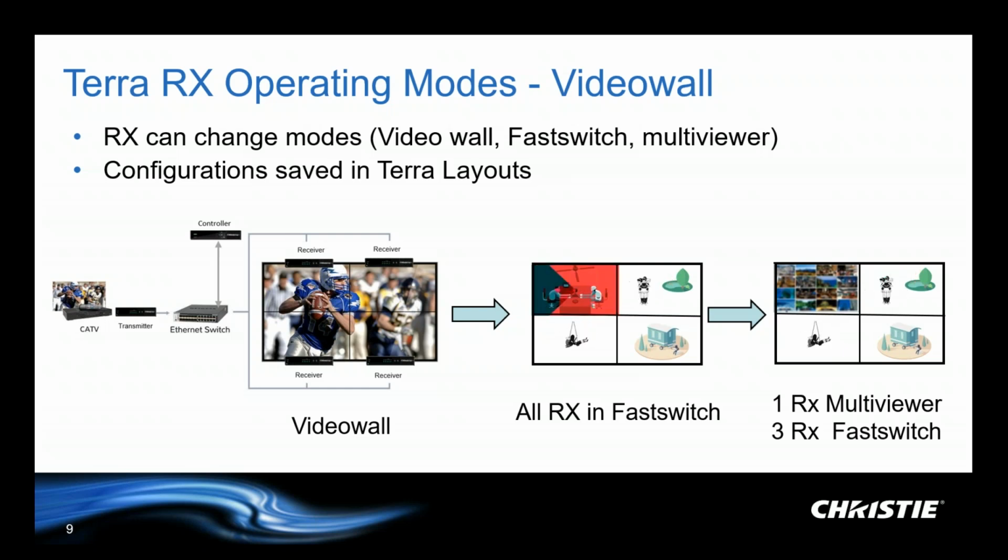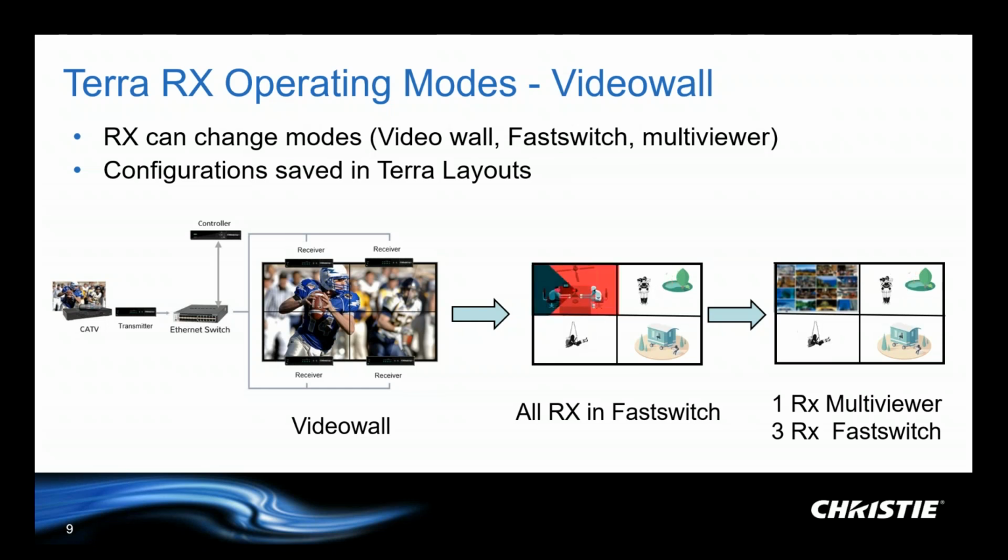You can switch them all to fast switch mode and have a different source displayed in each quadrant, so a different source displayed by each receiver. And then you can switch again, either one or more of them, or all of the receivers, to multi-view mode and fast switch. So you can have different modes being used with different receivers within the same video wall.